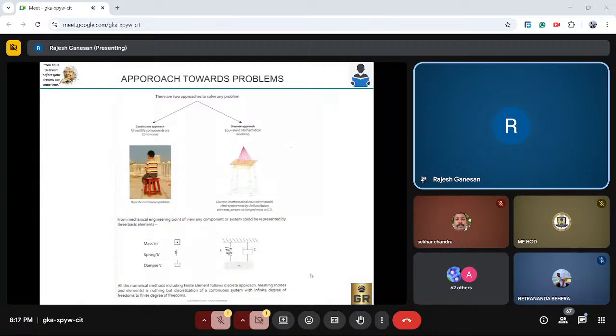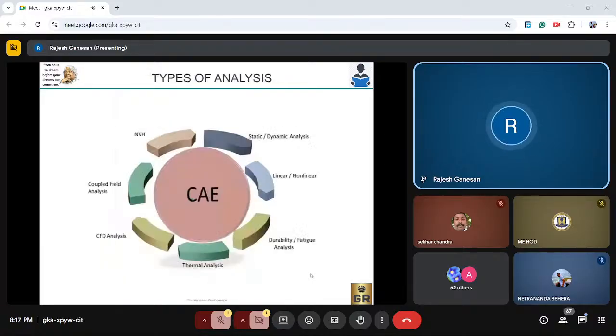As a third person, in a 3D view, I can visualize the real-life continuous problem. But whenever I do software analysis, the software automatically does the discrete mathematical approach only, for example meshing, nodes and elements. It is a discretization of a continuous system with infinite degrees of freedom into finite degrees of freedom. We will see all that in detail.